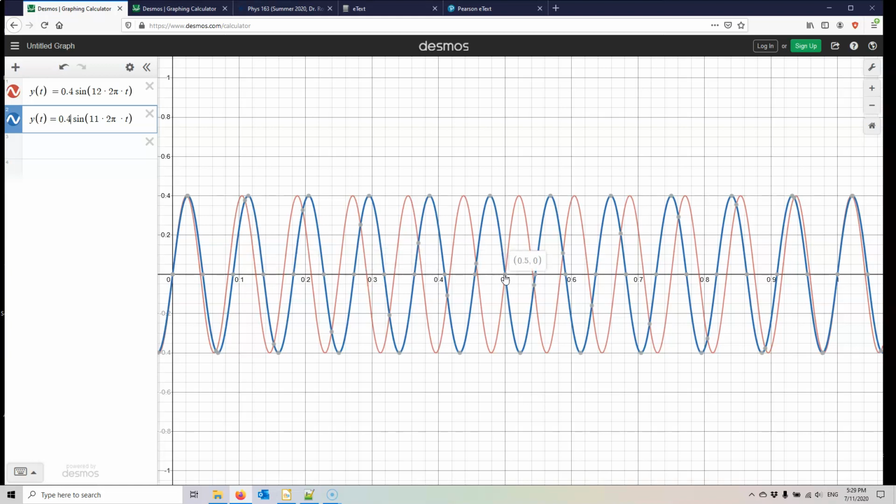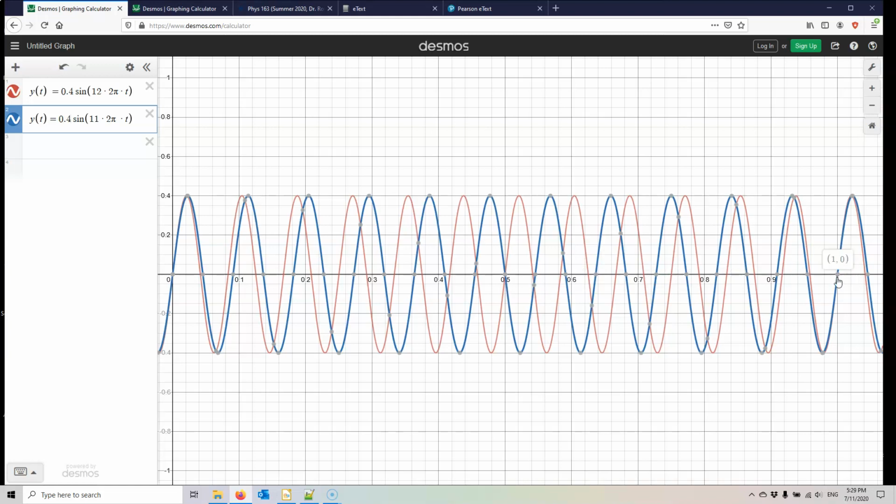But over time, this tiny amount builds up. So by the time we get to about 0.5 seconds, like around here, the two waves are totally opposing each other. Here they're going to cancel each other out because by the principle of superposition, positive displacement plus negative displacement cancels out. Then as time goes by, they get closer and closer to being in sync again.